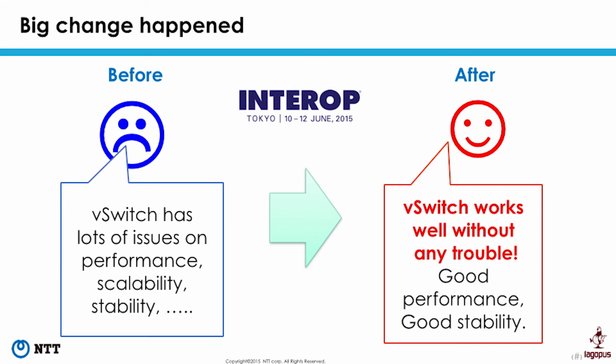A lot of complaints about vSwitch. But after Interop, they were very happy to use a software data plane for some use cases: good performance, good scalability and stability. Yeah, it's very fun for me.